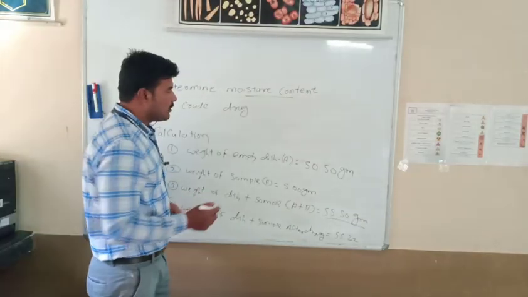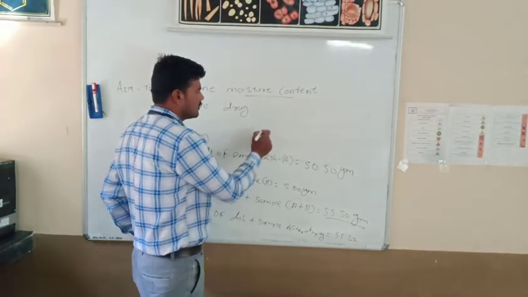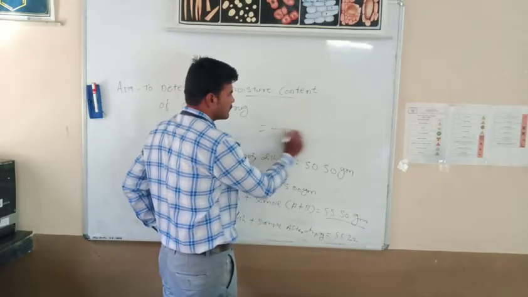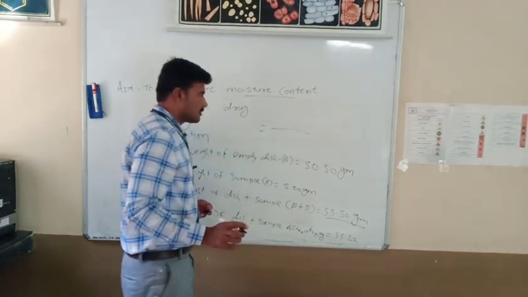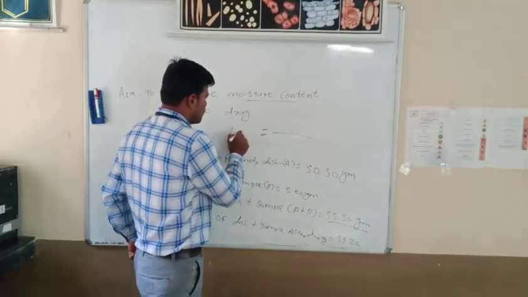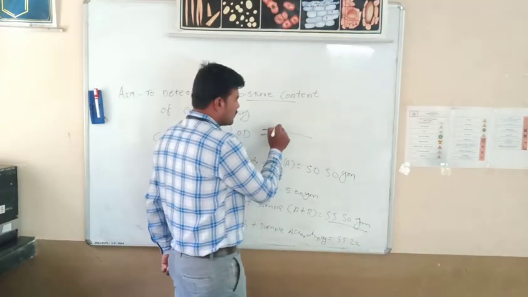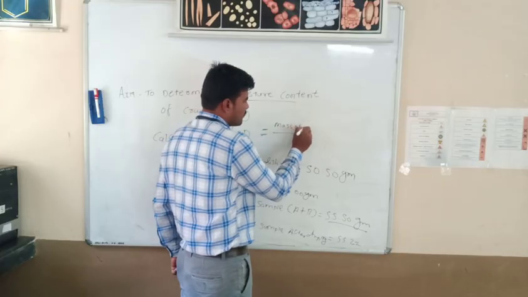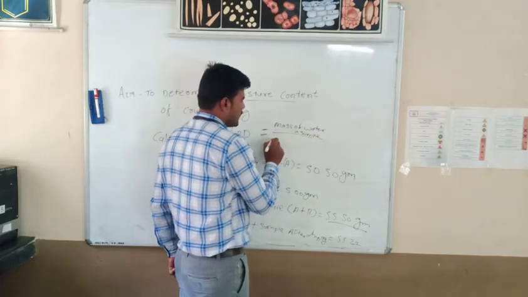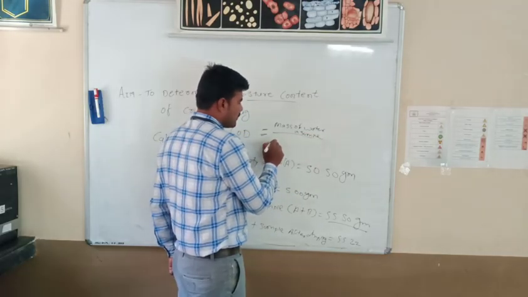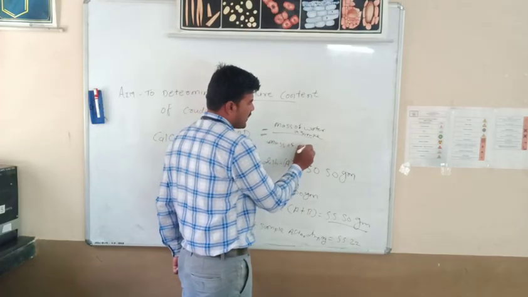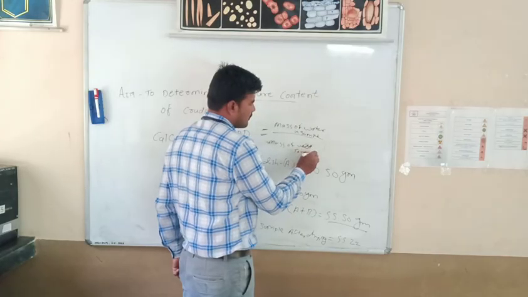There is one formula for calculation of moisture content. The formula is loss on drying equal to mass of water in sample divided by mass of wet sample, multiplied by 100.